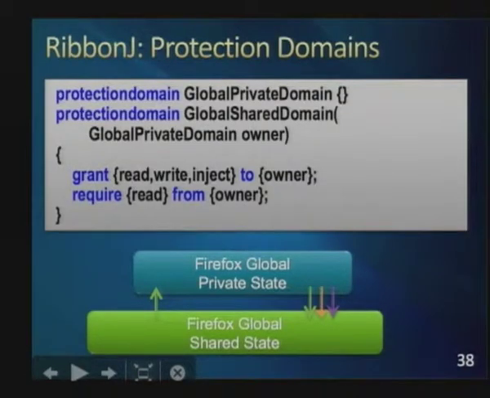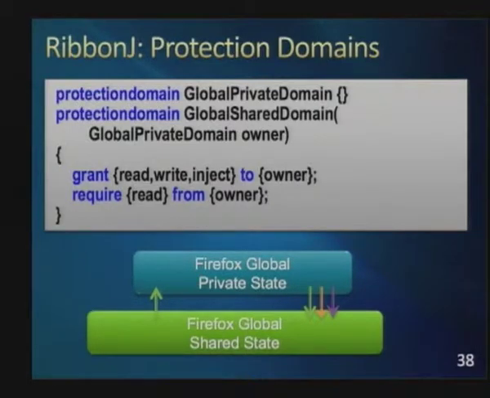All right, so here's what the code looks like. Pretty similar to class declaration. You start out with the protection domain keyword. This global shared domain accepts an argument. So the global shared state needed privileges from the private state, and it also needed to give privileges, allow the private state to have read, write, and inject access on it.